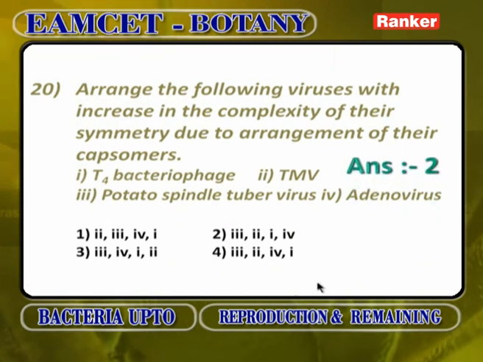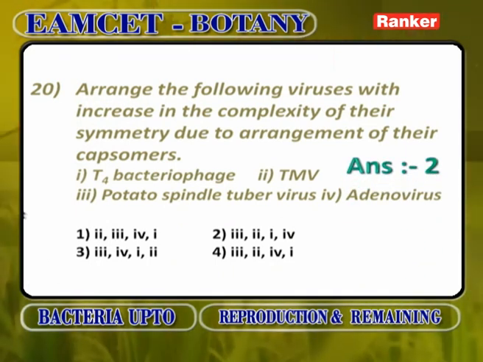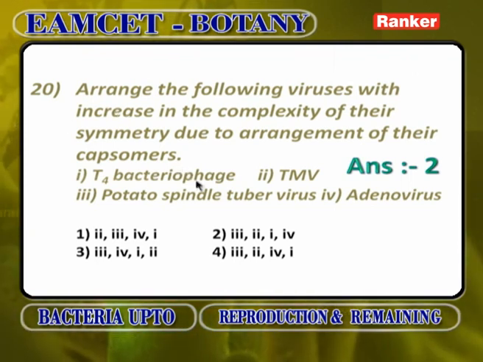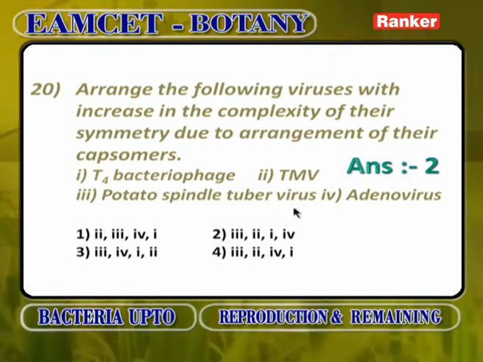Arrange the following viruses with increase in complexity of their symmetry due to arrangement of their capsomeres. First is 3, potato spindle tuber virus, because here you do not find any capsomere. Potato spindle tuber virus is a viroid where the capsid protein coat is absent.